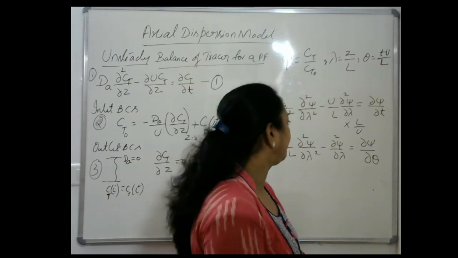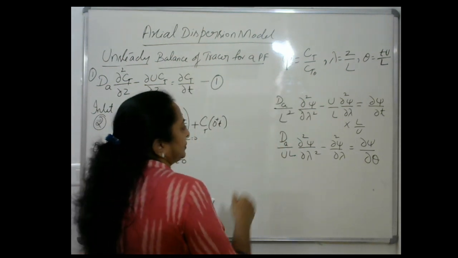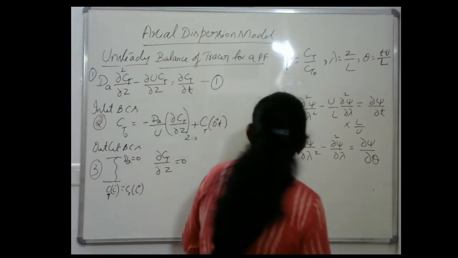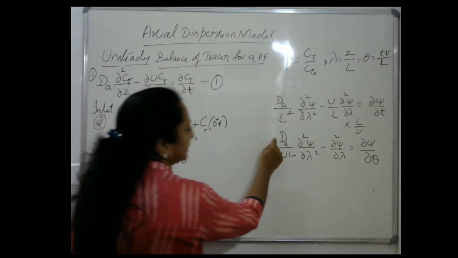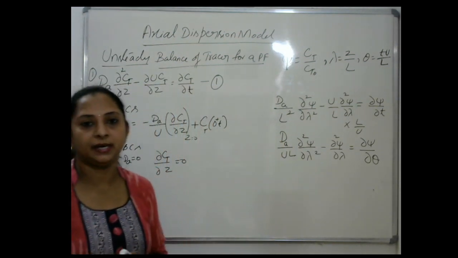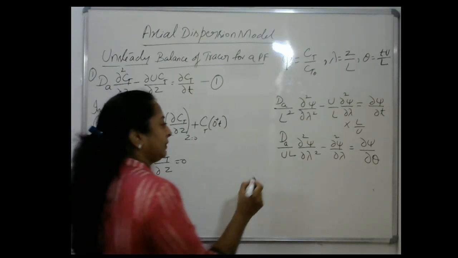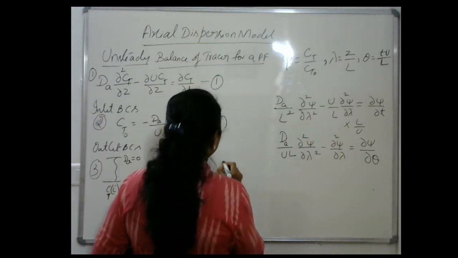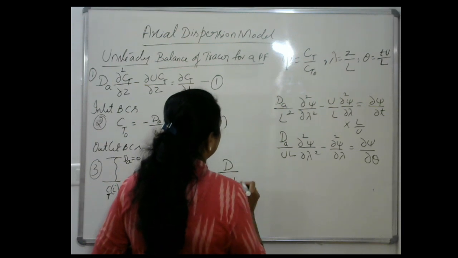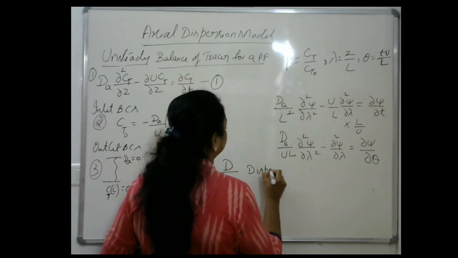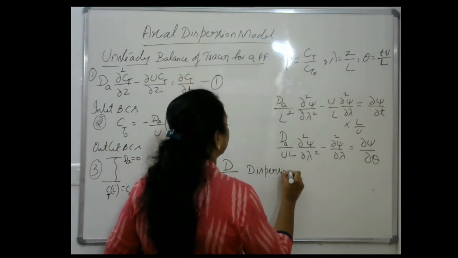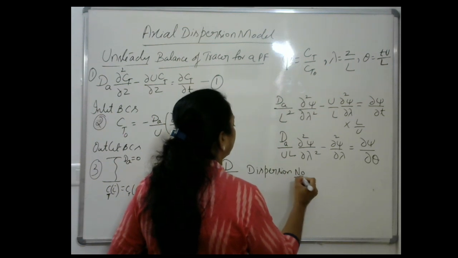Before getting the dimensionless forms of the boundary conditions, let me discuss D by UL. What is this D by UL? This D by UL is known as the dispersion number.